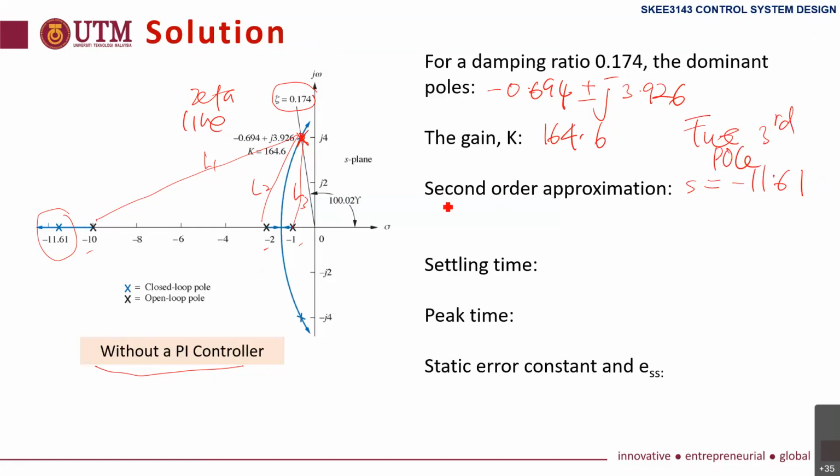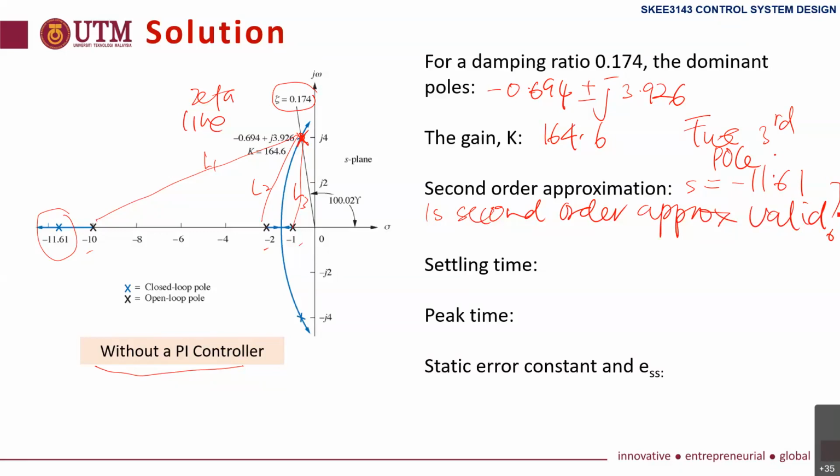My question is about the second order approximation. How to check whether the second order approximation is valid or not?